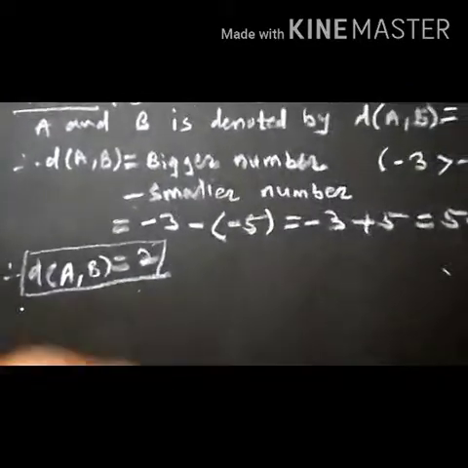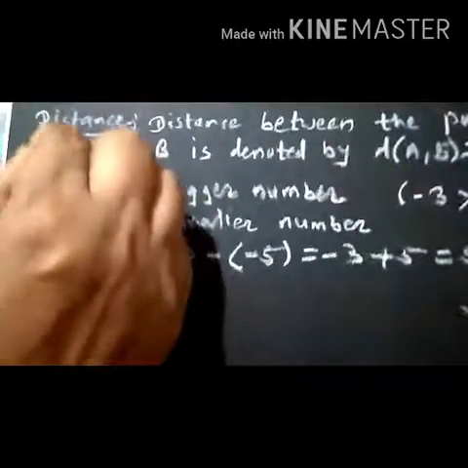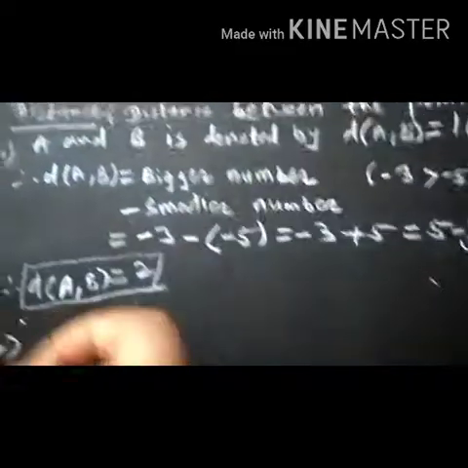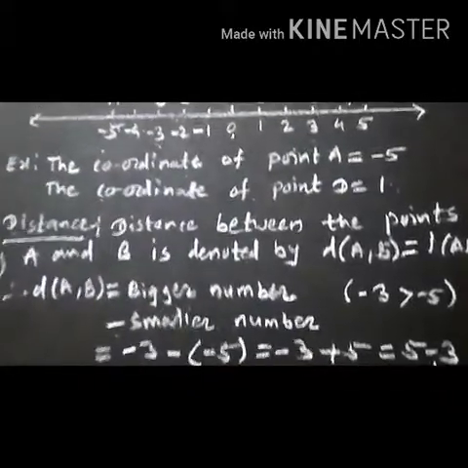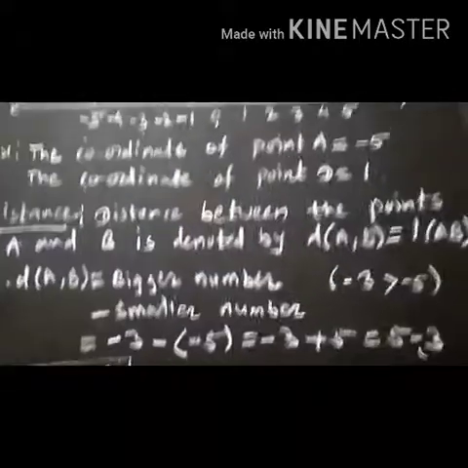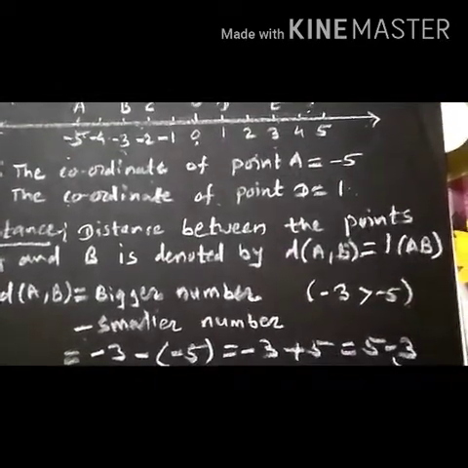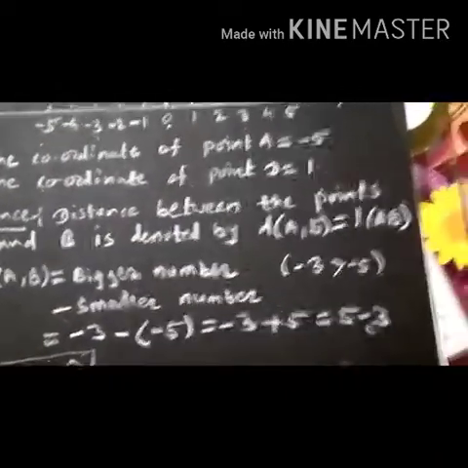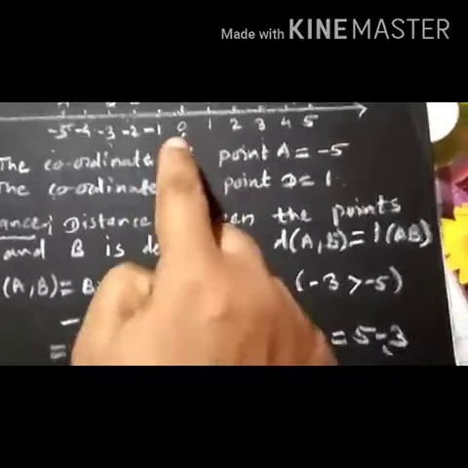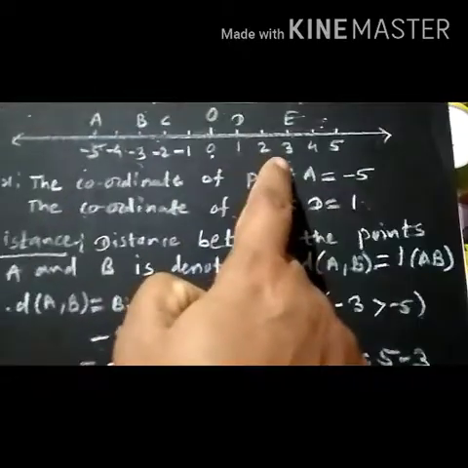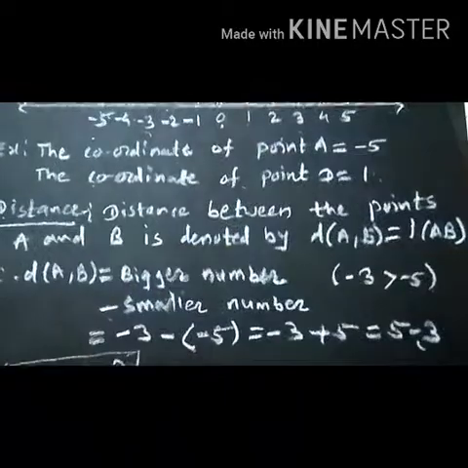Similarly, number 2, we have to find the distance between the points OE. Now see, the coordinate of point O is 0, and the coordinate of point E is 3, and 3 is bigger than 0.